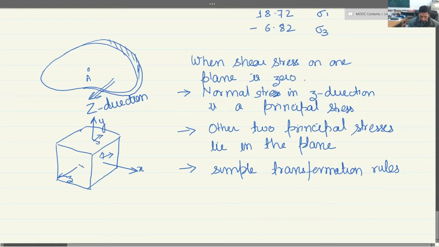So there are no tau terms over here. That is what we have usually.